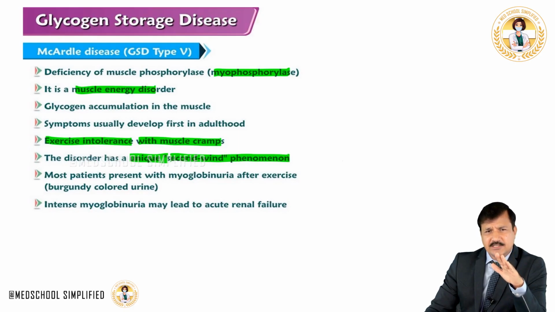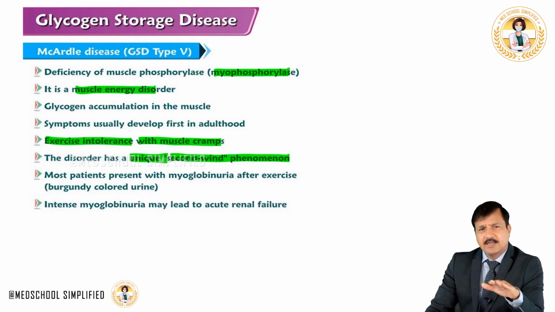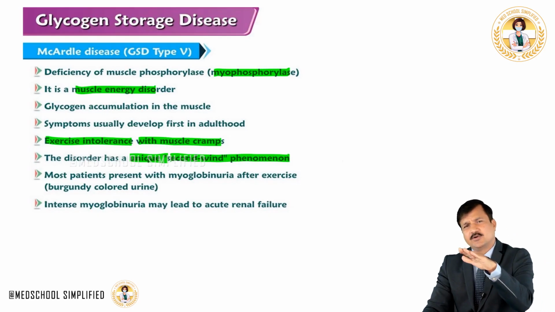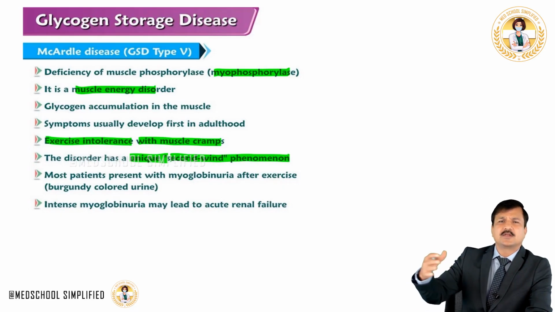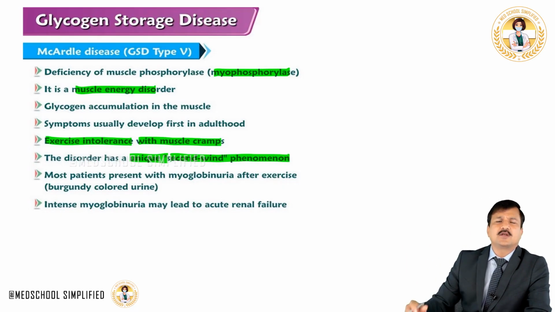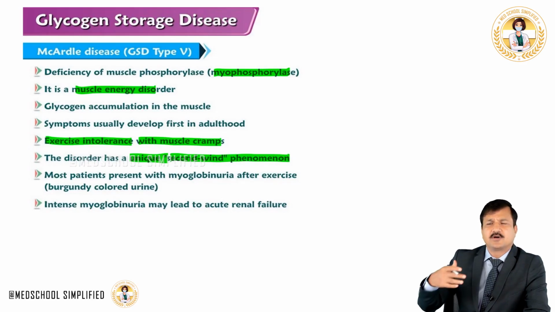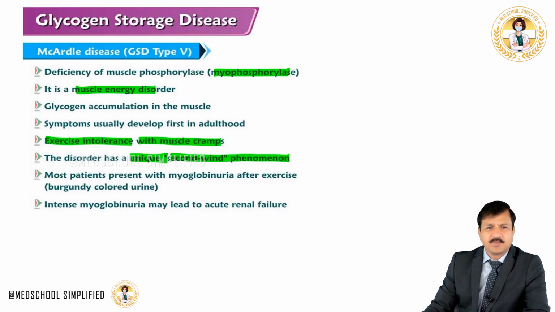When the intensity of the activity is lowered to a tolerable range, and then the exercise is continued like that, it can be continued for a few more minutes or for a while. That kind of phenomenon we call the second wind phenomenon, which is very unique to McArdle's disease.